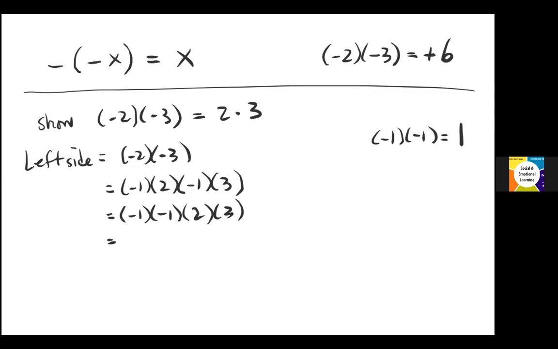I think it was Brian that told us that. So basically, it cancels out the negative, and we're just left with 2 times 3, which is the right side. So that would be a sufficient proof to show that the left side is equal to the right side.